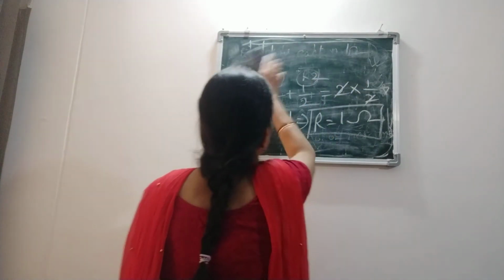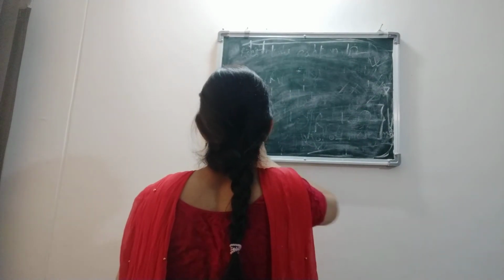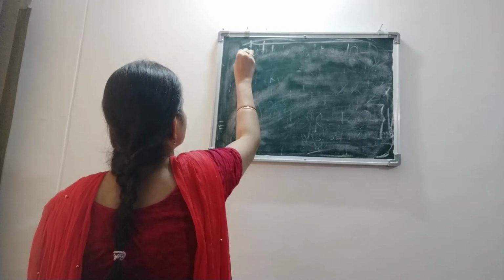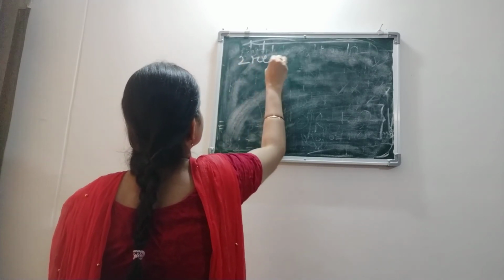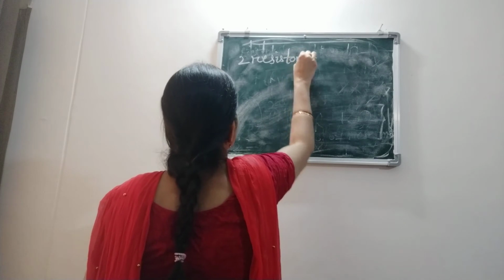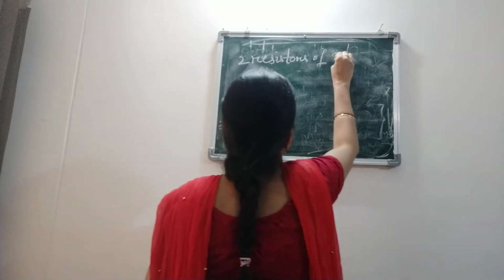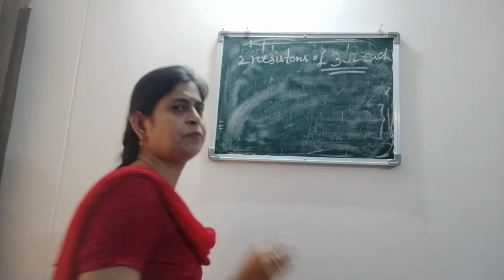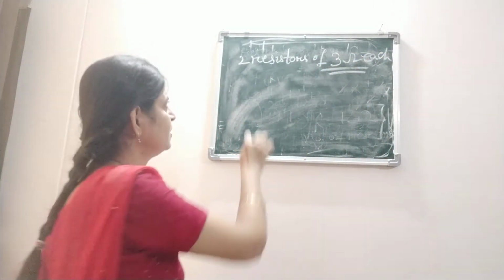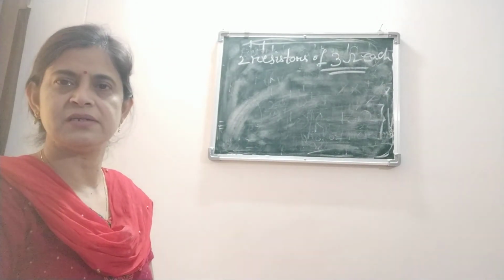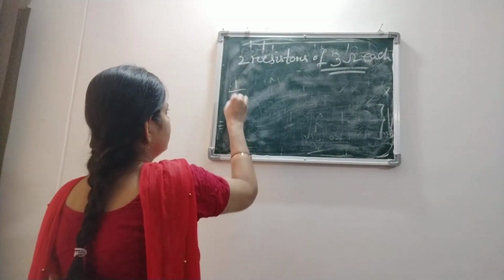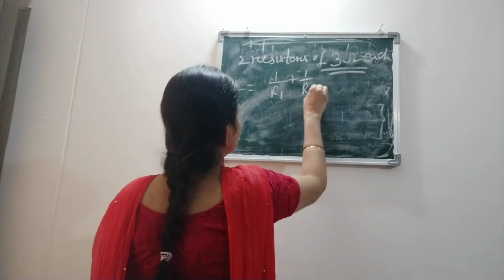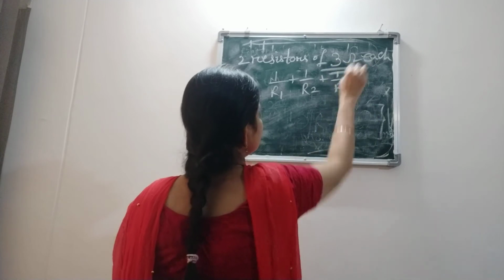Another example. If we connect three resistors of 3 ohm each in parallel, then what will be the value of the equivalent or resultant resistance? So according to the formula, 1 by R is equal to 1 by R1 plus 1 by R2 plus 1 by R3, because there are 3 resistors.